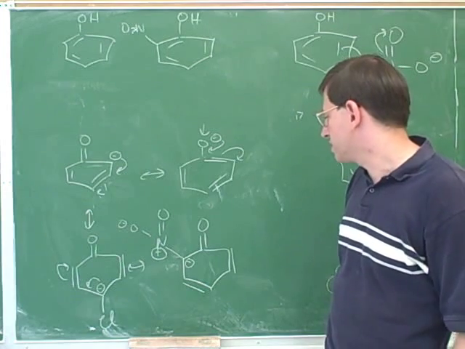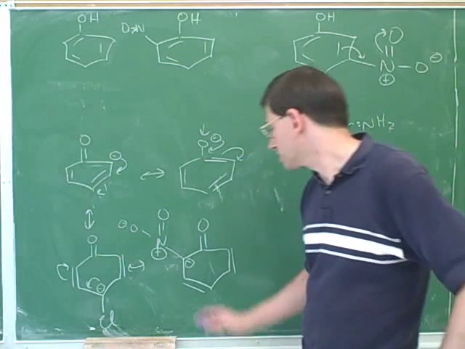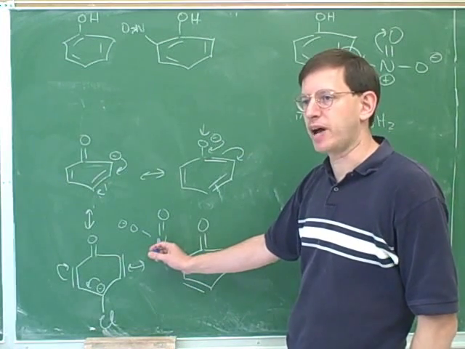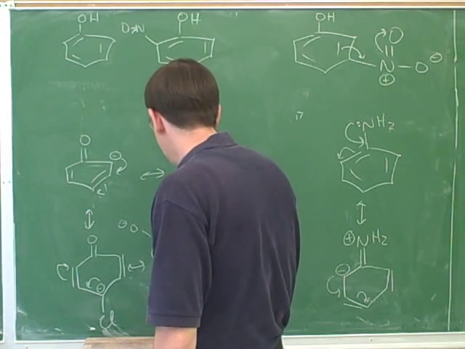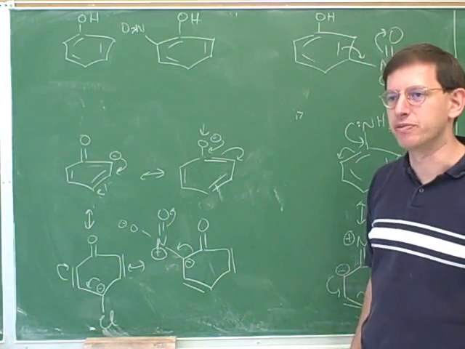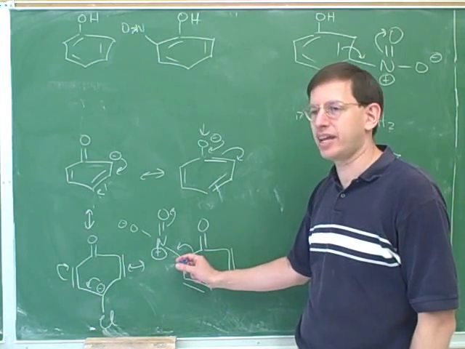Well, we know then that there's a resonance structure where the negative charge will be right next to the nitrogen. That already looks good because we want the negative charge to be as close to the nitrogen as possible. But then there's a new resonance structure where the negative charge actually migrates out of the ring. And this can only happen because the nitrogen is right next to the negative charge here.